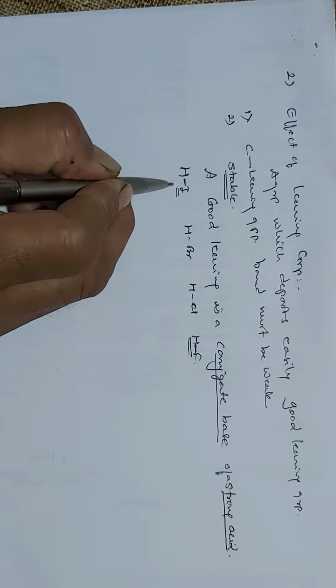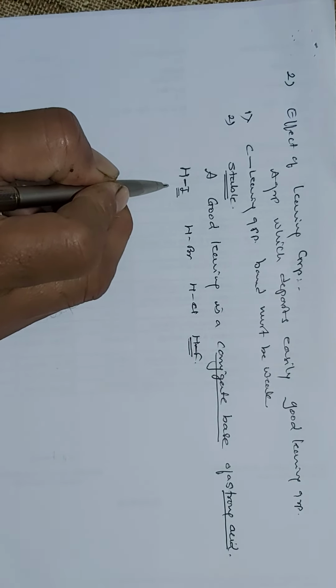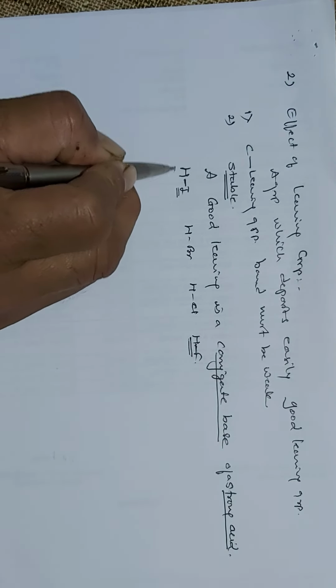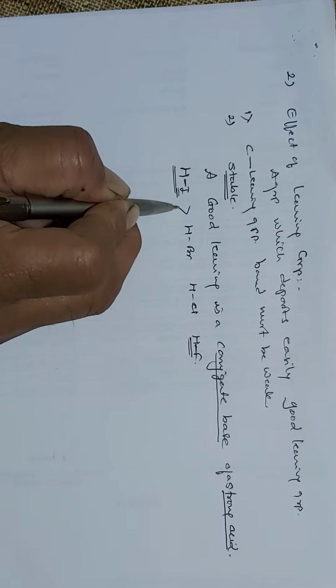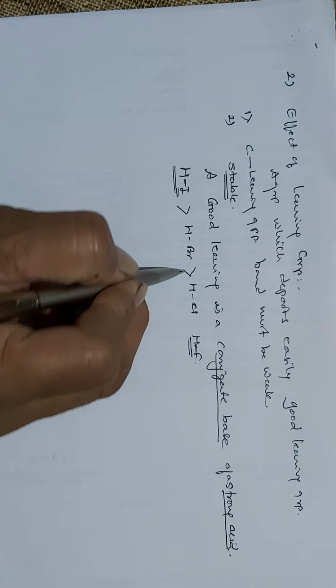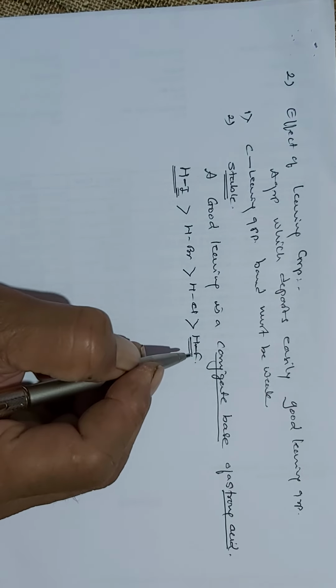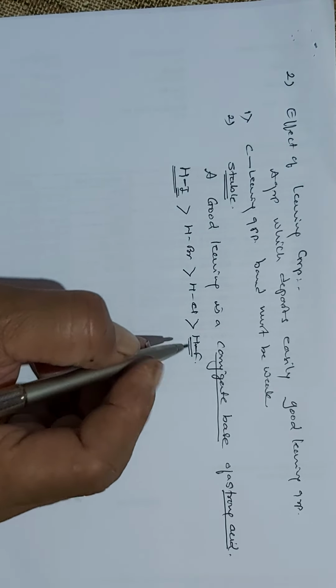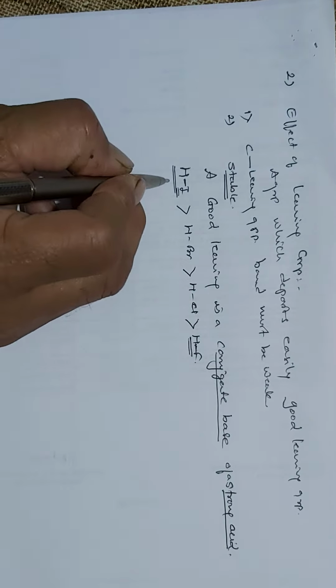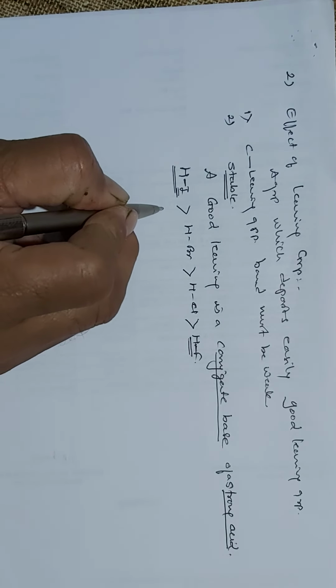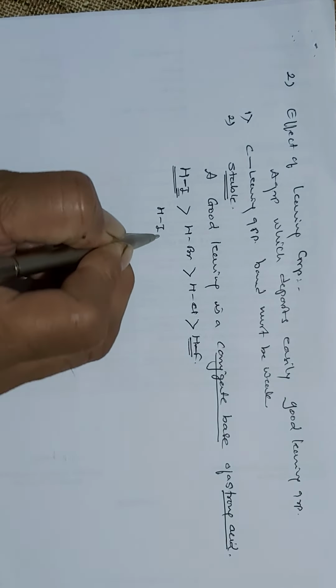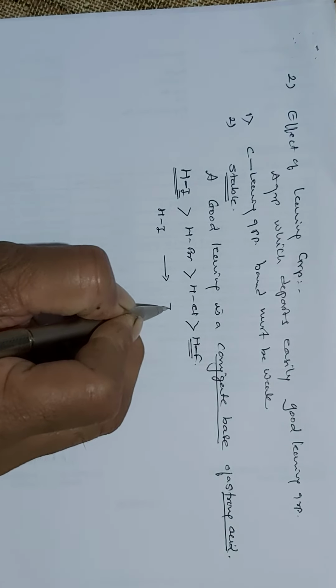And so hydrogen iodide is a stronger acid than hydrogen bromide, which is stronger than hydrogen chloride, which is stronger than hydrogen fluoride. The conjugate base of hydrogen iodide is I minus.